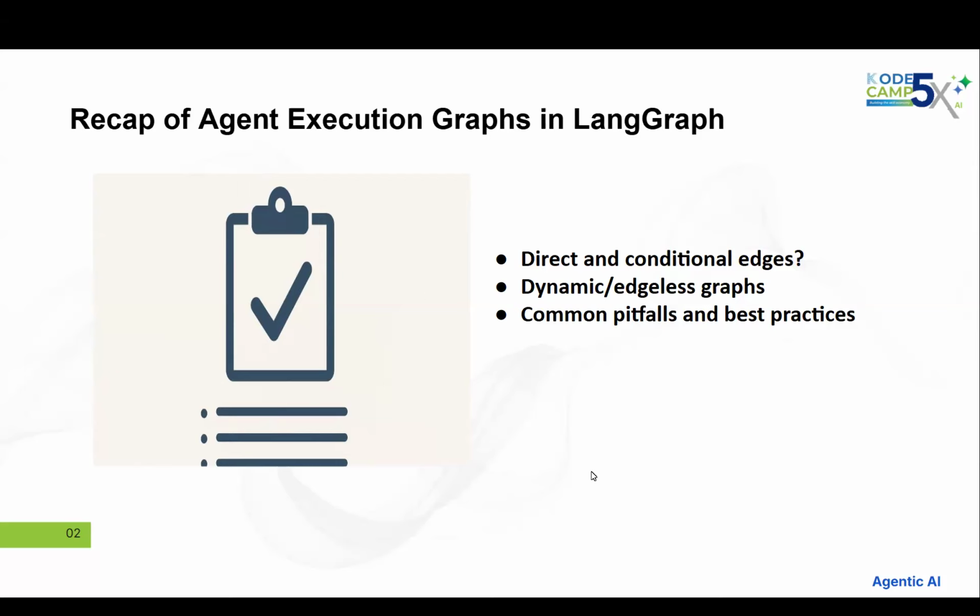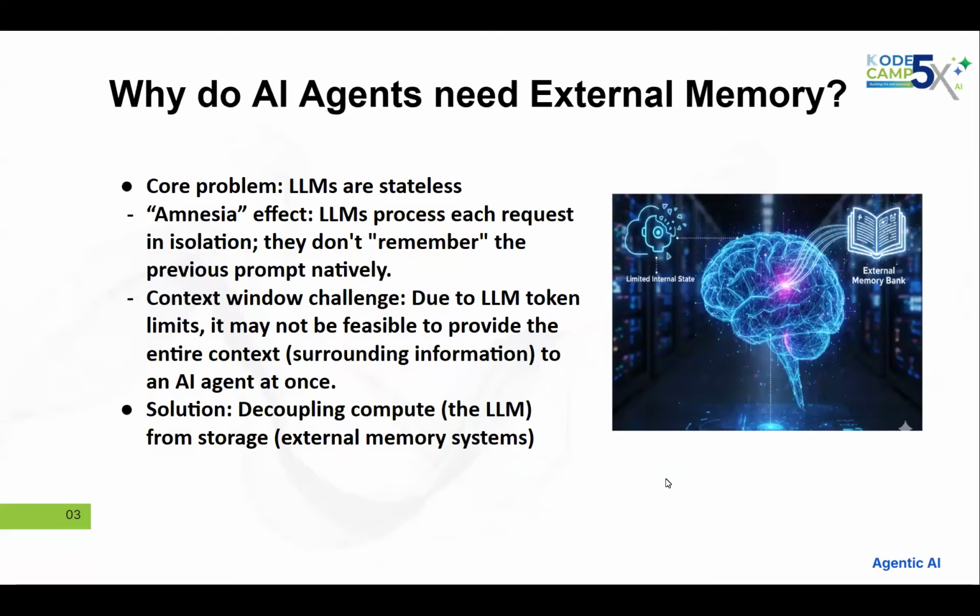So today we are looking at memory. Why do agents need external memory? Why do we add this complexity of external memory to our agents? Like we've mentioned before, LLMs are stateless.